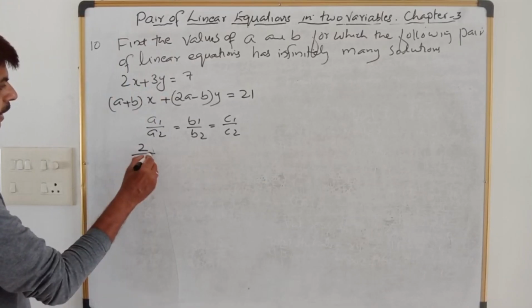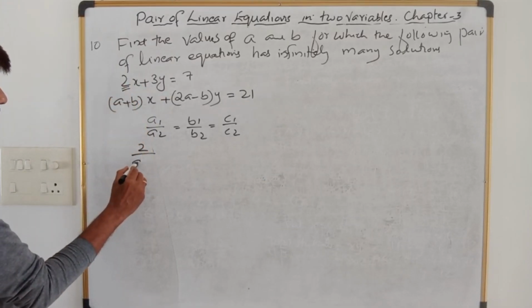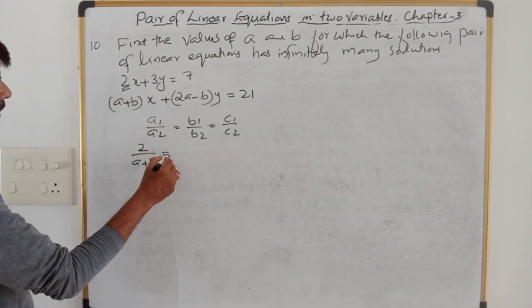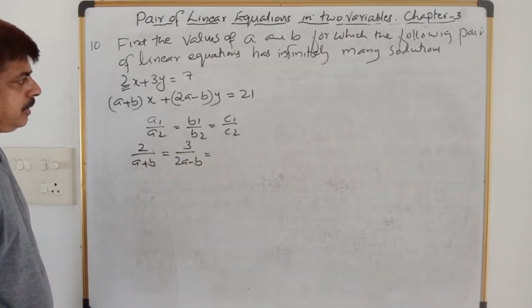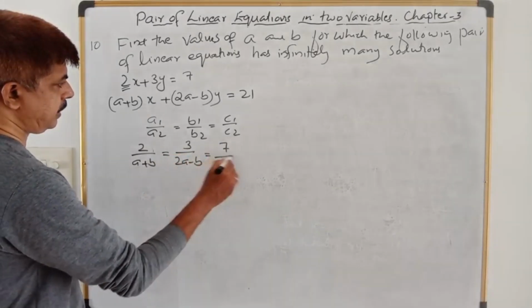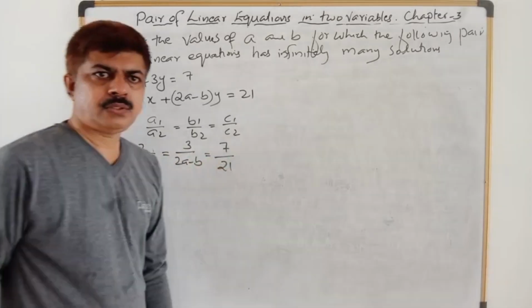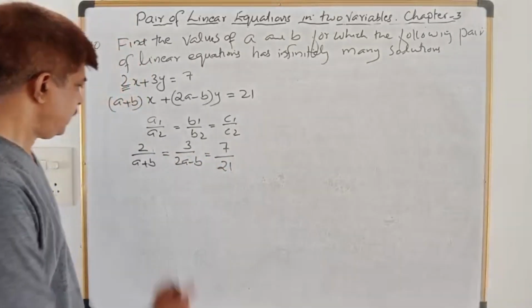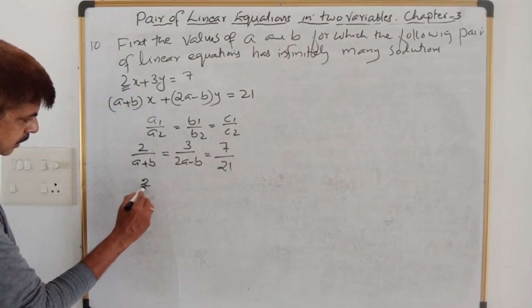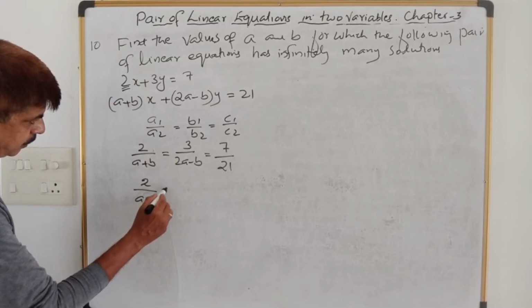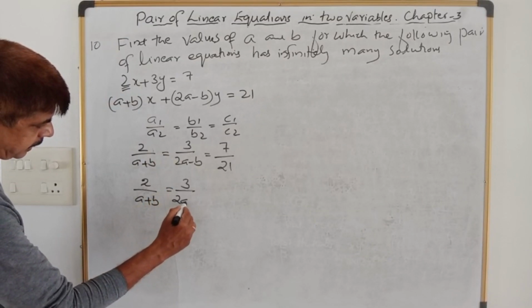So a1 is 2, a2 is a plus b, b1 is 3, b2 is 2a minus b, c1 is 7, c2 is 21. Let us use the first two. 2 by a plus b equal to 3 by 2a minus b.